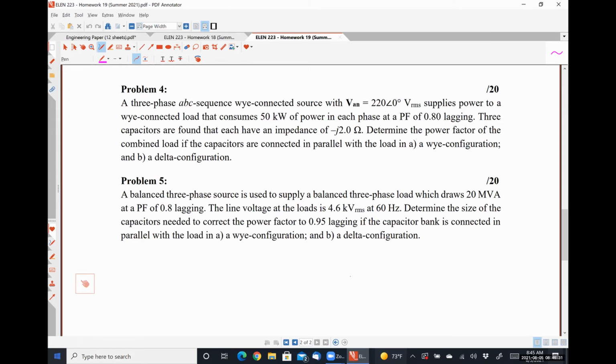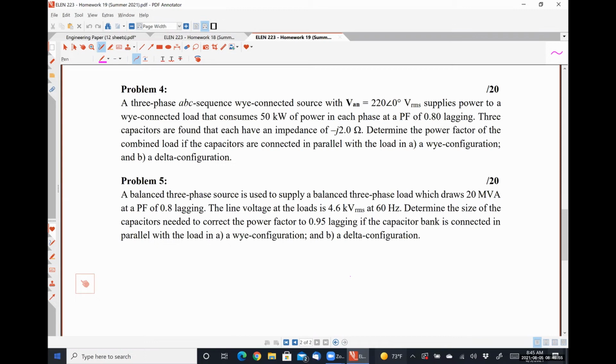The other way that you could potentially approach this would be to figure out what the impedance of one phase of the load is, and then put that in parallel with your capacitor. And then once you know what that combined impedance is, you also know what the power factor is, because it's just the cosine of the angle of the impedance.